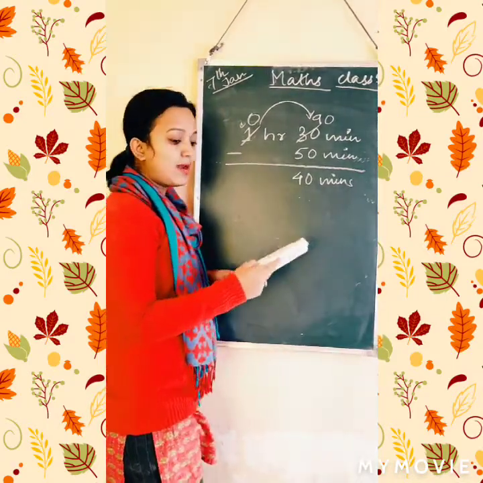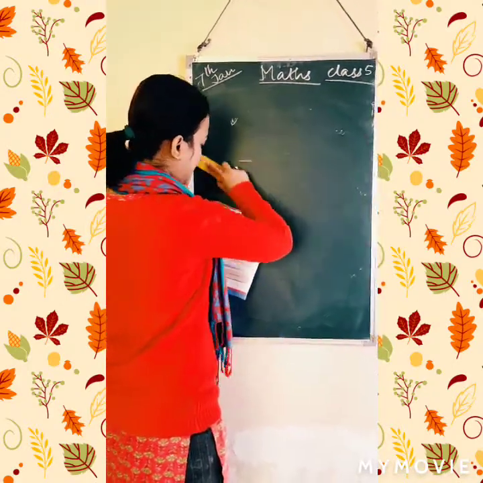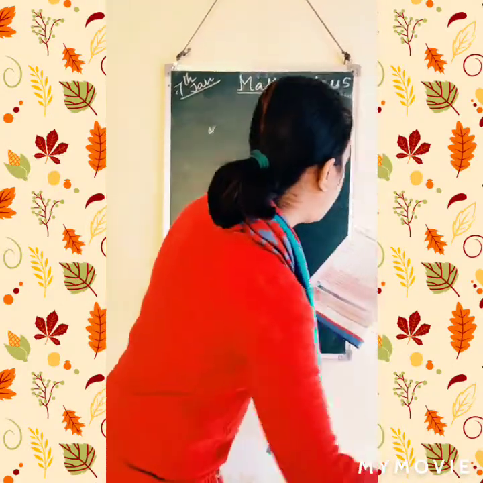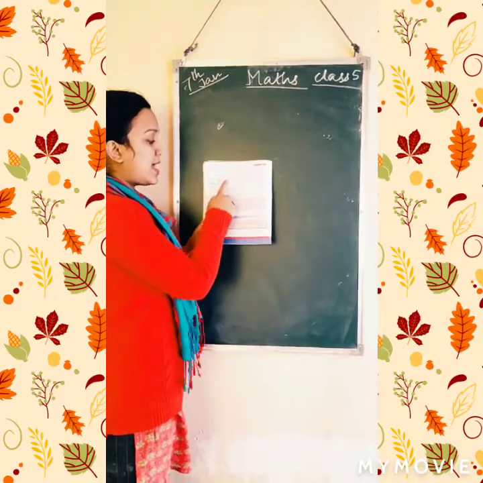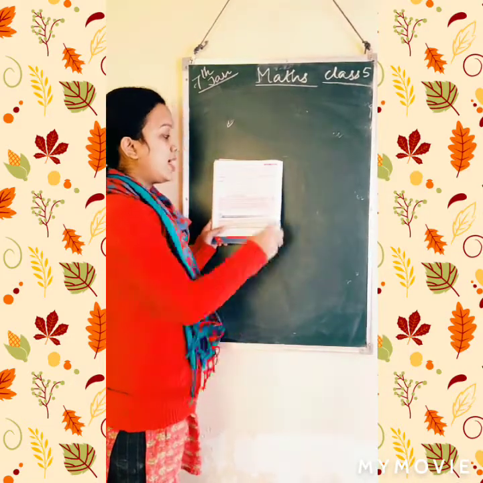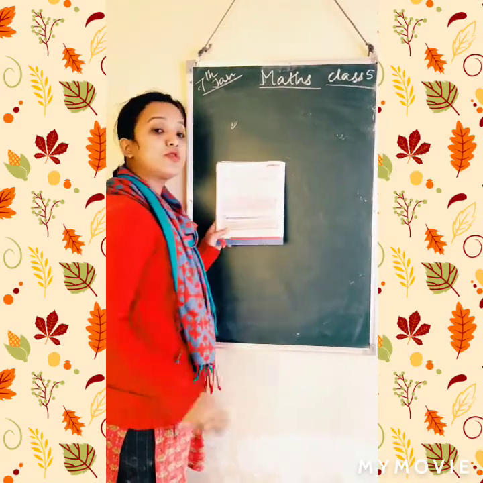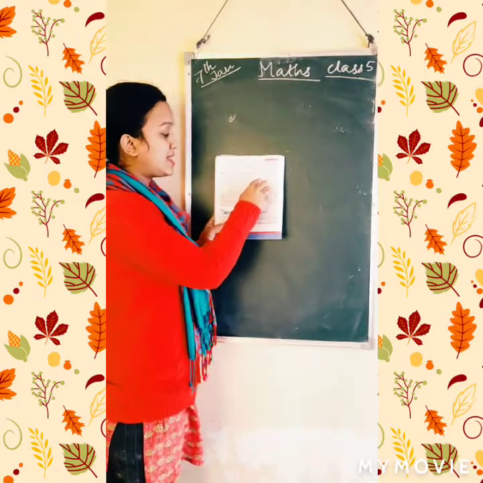Then there is one more example in your textbook, that is example number 16. Sohan started preparing for his exam from 16th of July. The exams were scheduled to be 25 days later. On which day the exam started?